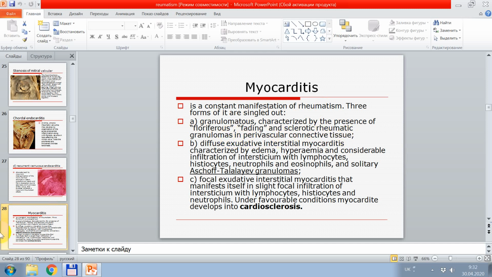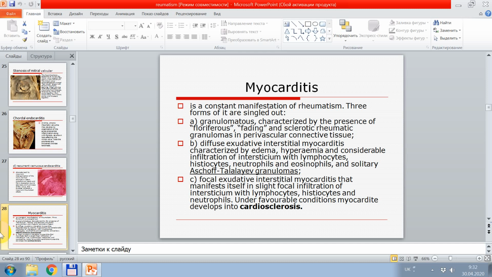Second, diffuse exudative interstitial myocarditis, characterized by edema, hyperemia, and considerable infiltration of the interstitium with lymphocytes, histiocytes, neutrophils, and eosinophils, and solitary Aschoff granulomas.